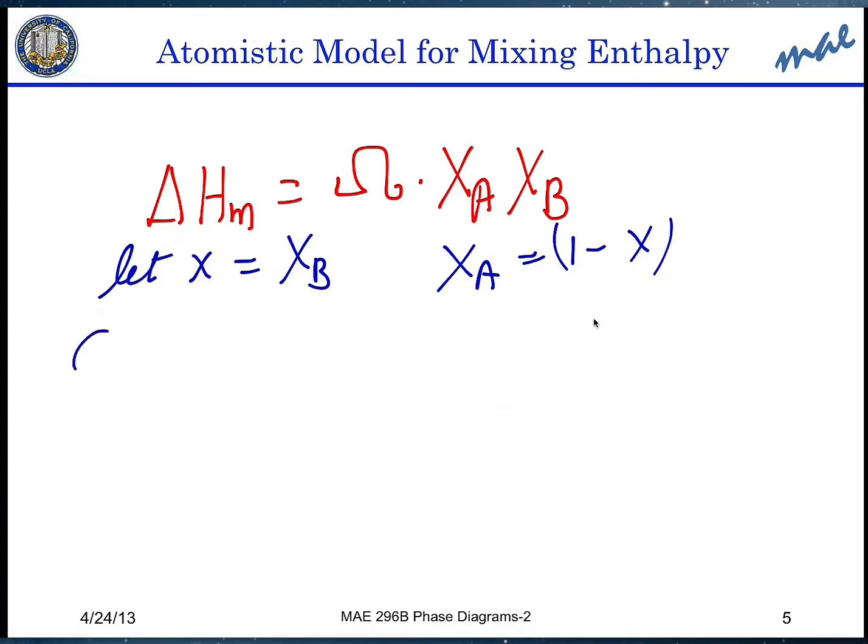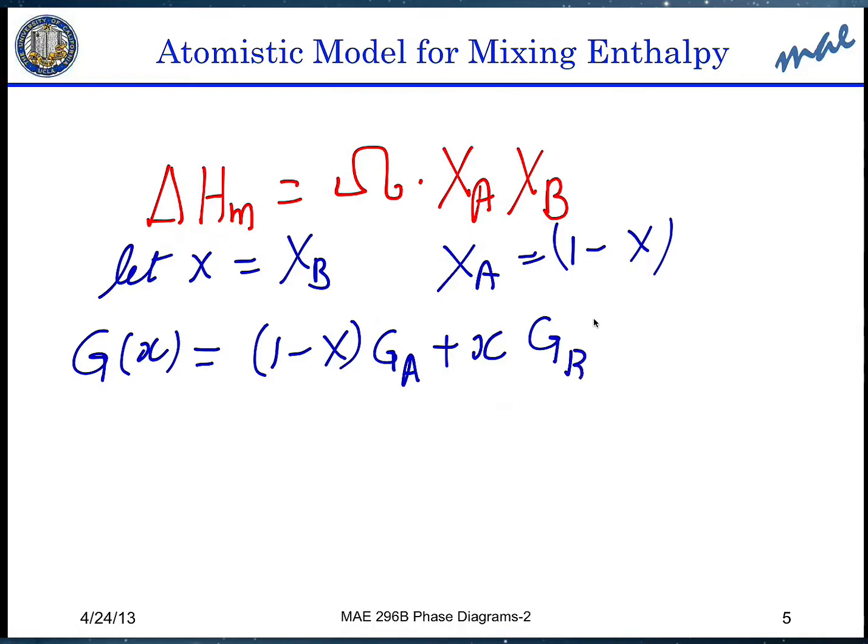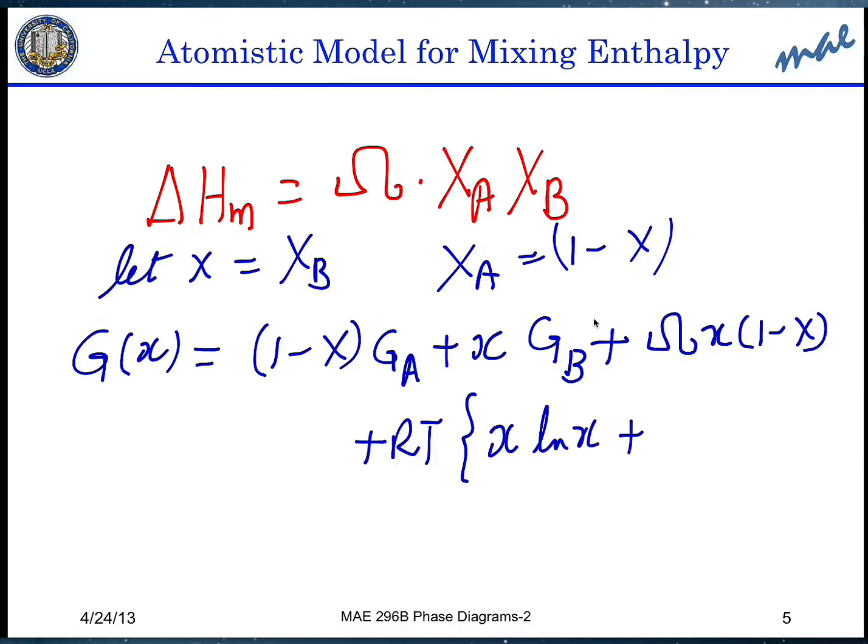Then G as a function of x, and we have this in the back of our minds as really xB, but it makes it easier to write as a function of x. Then we have omega times x times 1 minus x, plus RT times x ln x plus 1 minus x times ln of 1 minus x.